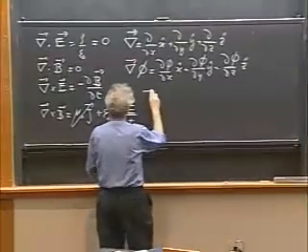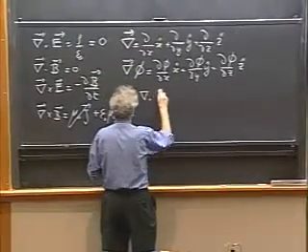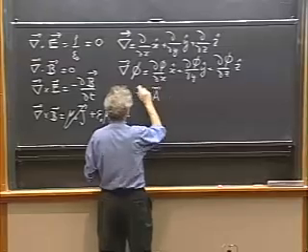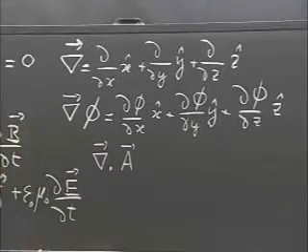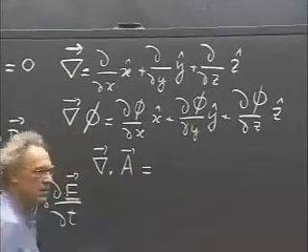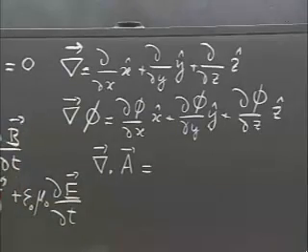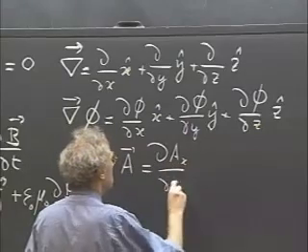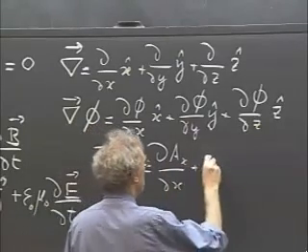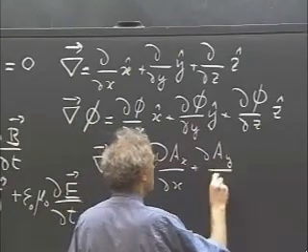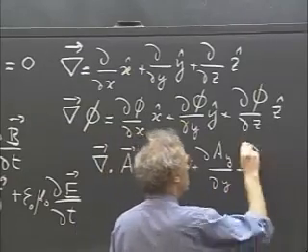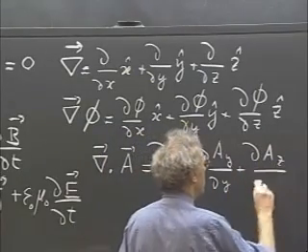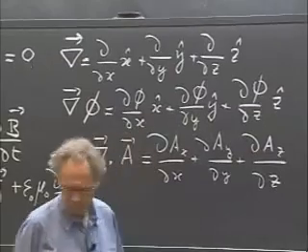And then we have the divergence of a vector A. That itself is a scalar, and that is dAx/dx plus dAy/dy plus dAz/dz.